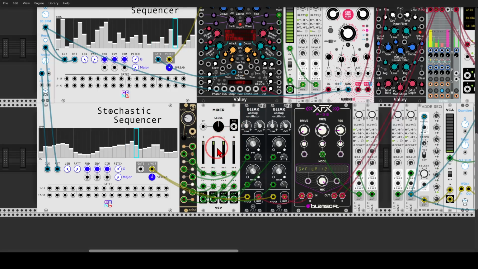I'm using it as 4 VCAs because each of the channels has a CV input. So I'm modulating the amplitude of those 4 LFOs with the other 4 LFOs of oct. So those are going to the inputs and those are going to the CV inputs. So again, we get modulation, we get variation.